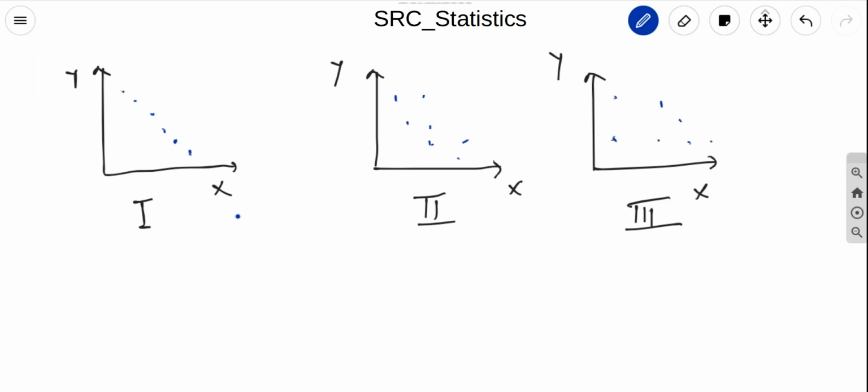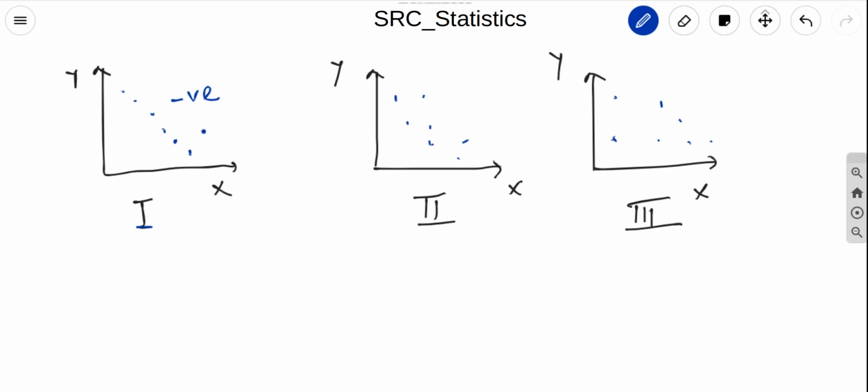Now see the first scatter plot. Okay, we can see that as X increases, Y is decreasing. Okay, as we go to the right side of X axis, in Y axis it is going down. Okay, so this is called perfectly negative correlation, since all the dots are along a straight line.